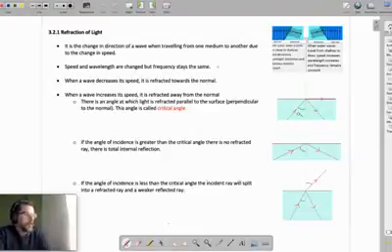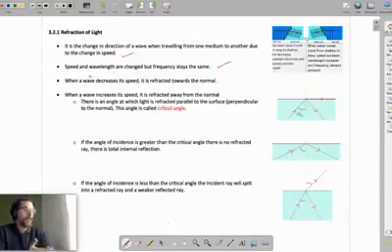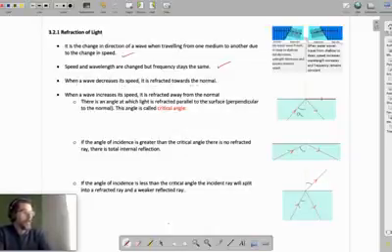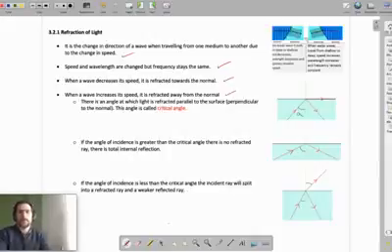When a wave decreases its speed, it is refracted towards the normal, which was not the case in the diagram that we have just shown. When a wave increases its speed, it is refracted away from the normal. This is what we just saw on the diagram.